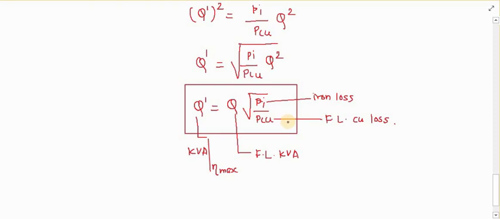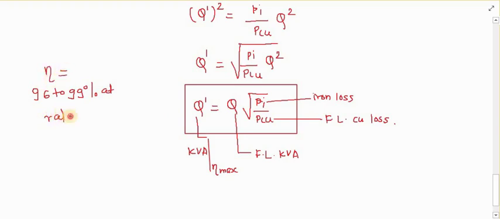So students, as your transformer is a static device, it is free from friction and windage losses. Therefore, it is the most efficient equipment with an efficiency of about 96 to 99% at its rated output.